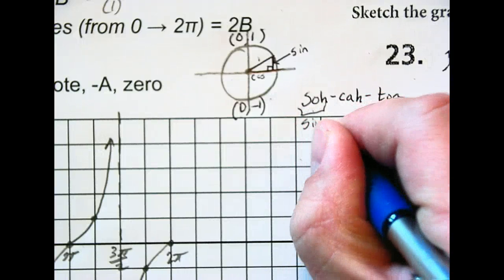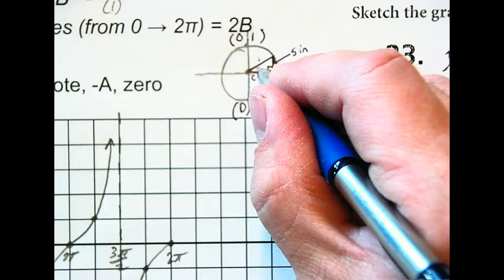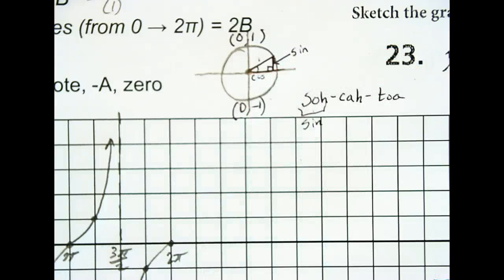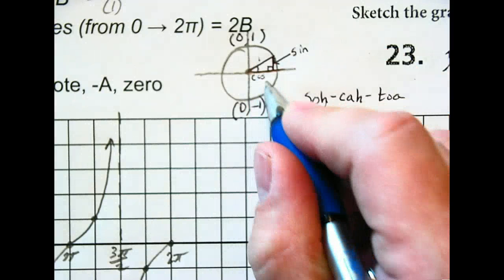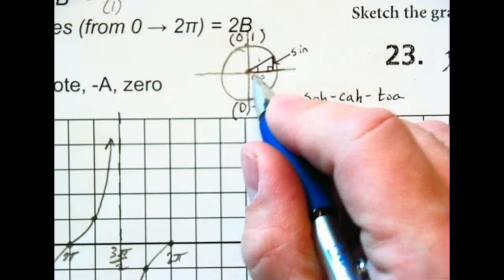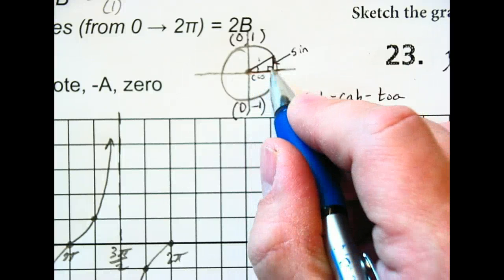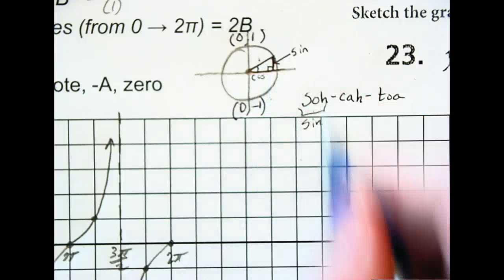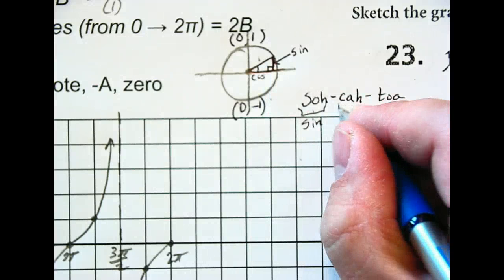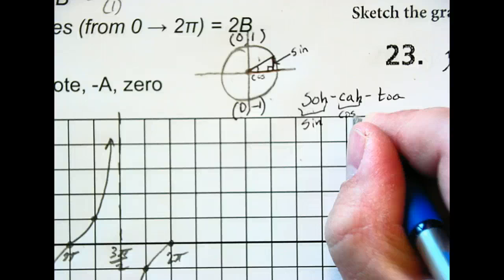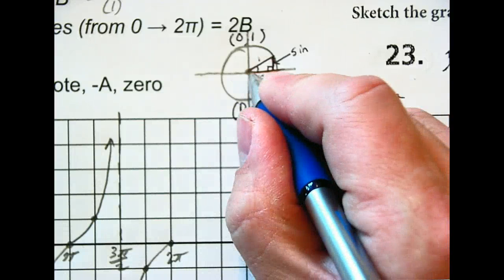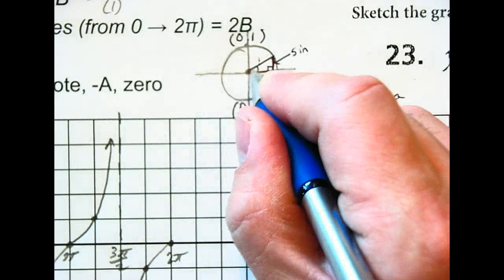Opposite. If we're talking about this angle, our theta angle, sine is opposite over hypotenuse. So the opposite side over 1, which in this case is sine. Cosine: the adjacent side, the one touching the angle, over the hypotenuse, which in this case is 1.